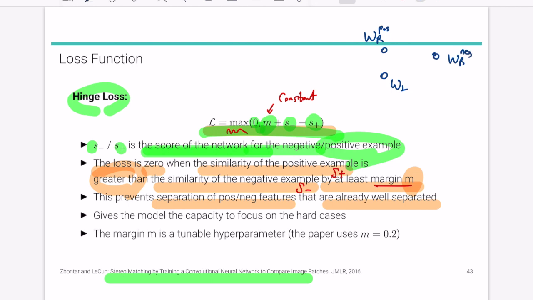By minimizing the hinge loss, we want to pull XL and XR positive features, while pushing XL and XR negative features.